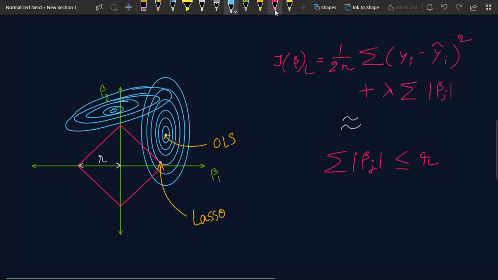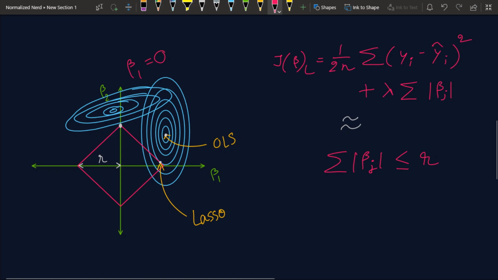Well, you can see that as beta cannot move outside of this red square, so the final value of beta should be this. Well, this simply means that we have beta 1 equal to 0. So we are automatically discarding the feature x1.